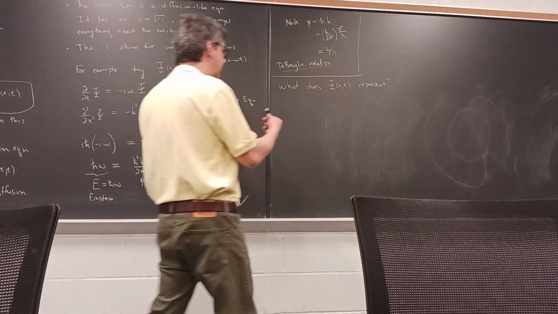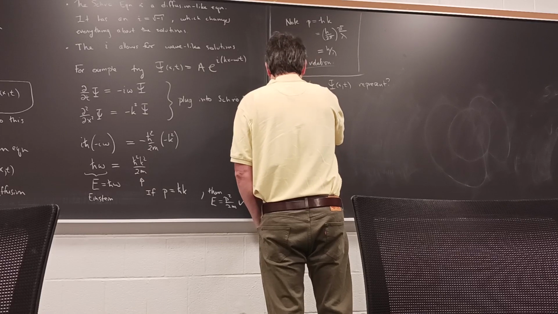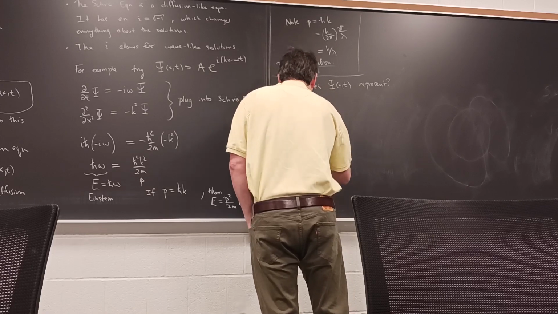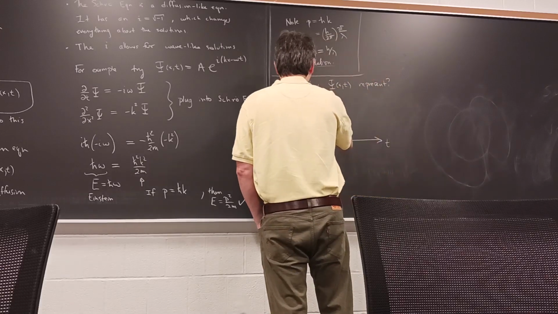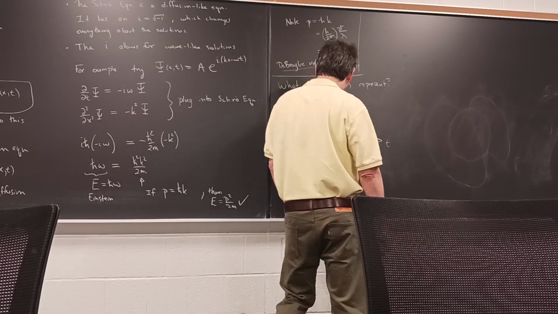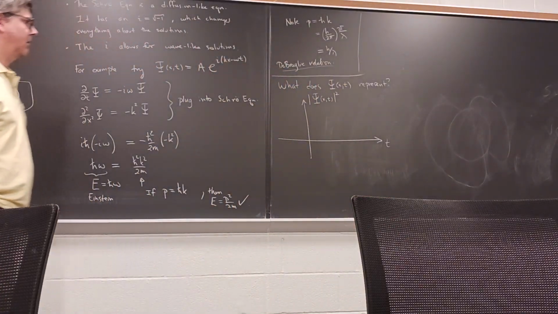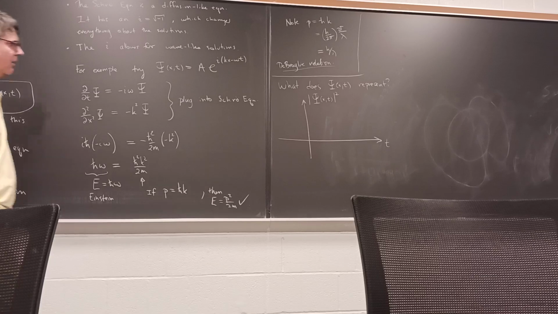Okay, so let's just draw a picture here. I'm going to draw the magnitude of psi squared. We know that psi can be a complex object because there's an i in this equation here.